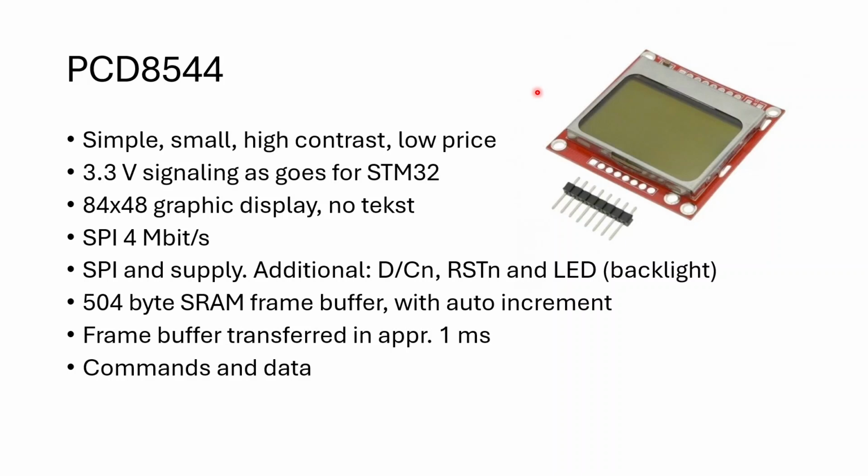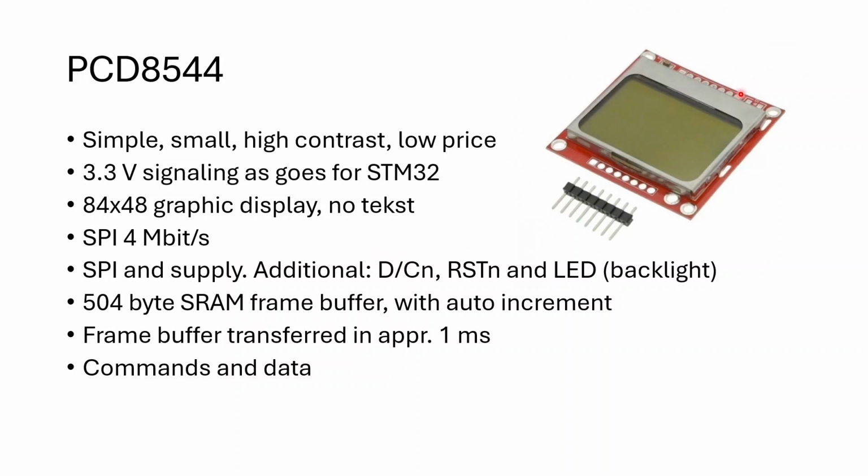So if you look at the number of pins that you typically find on such a display, you will find 8 pins. You have the SPI pins, that accounts for 3 pins. That is the clock, the data, and the chip select. Then of course you have the power supply, so VDD and ground. But you will still have some additional pins.